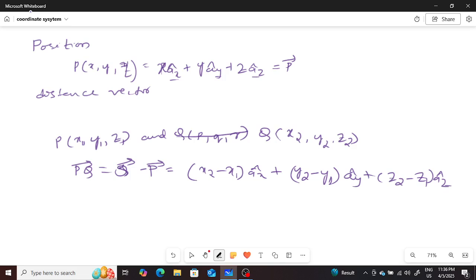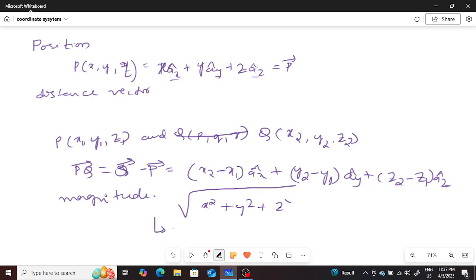And how can you obtain the magnitude of any vector? That is under square root. In case of position vector, it is directly the square root of x square plus y square plus z square.